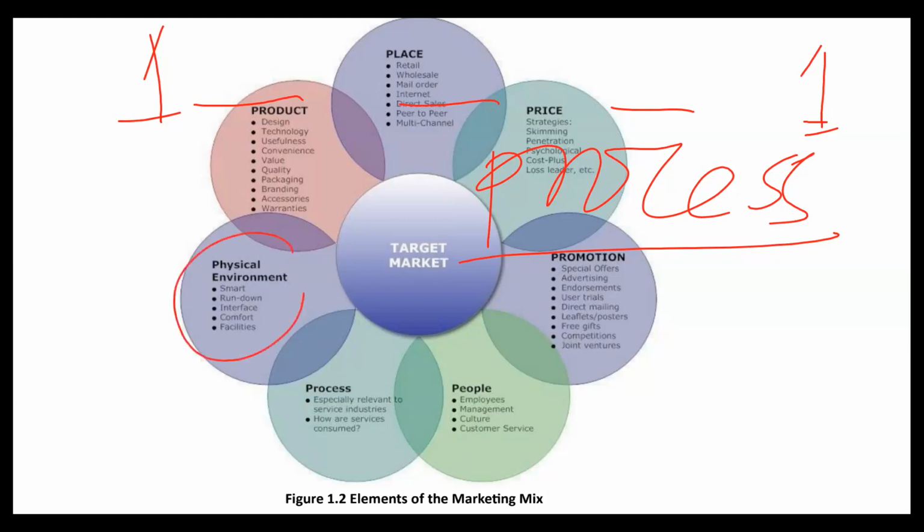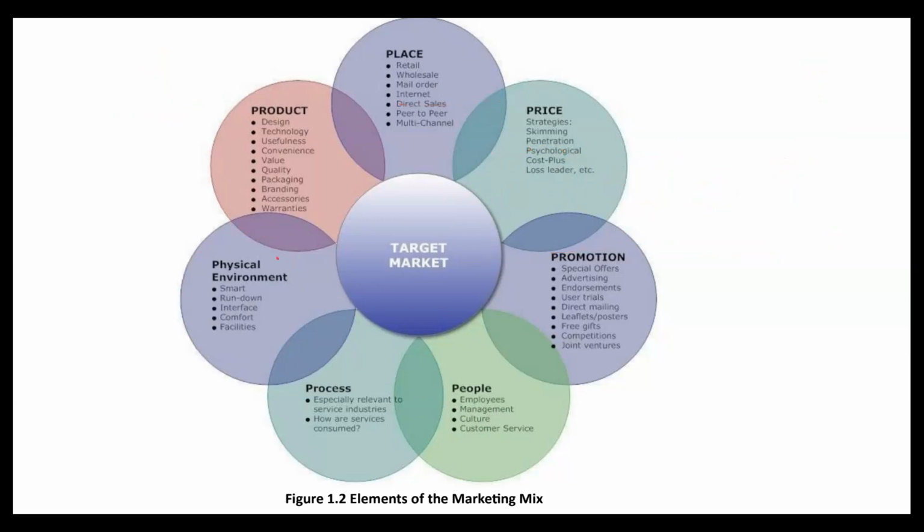And physical environment or physical evidence is very important, because the physical location of the business actually sets the tone on what kind of people you're going to have, or the kind of clients you're going to have as a business. Just the location itself.